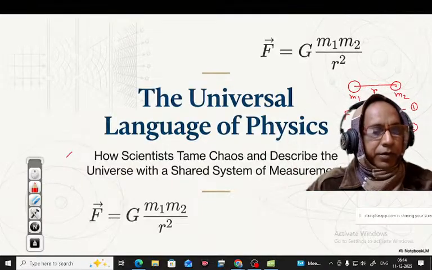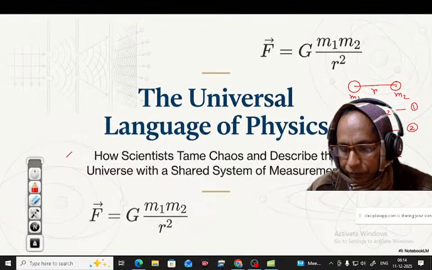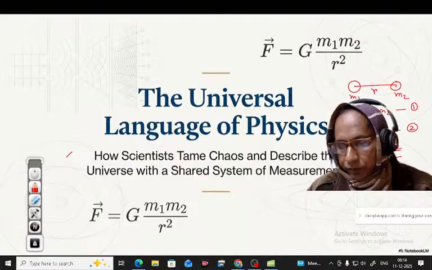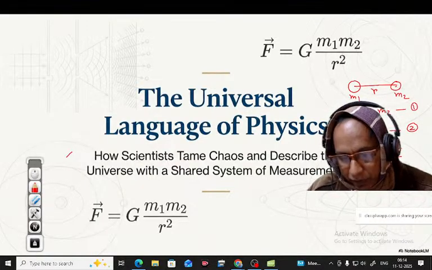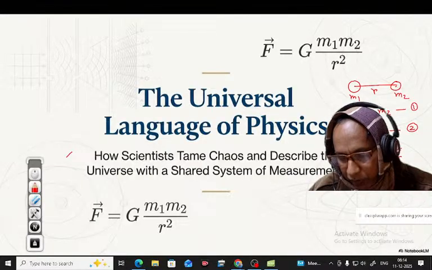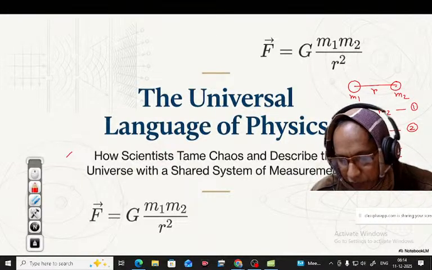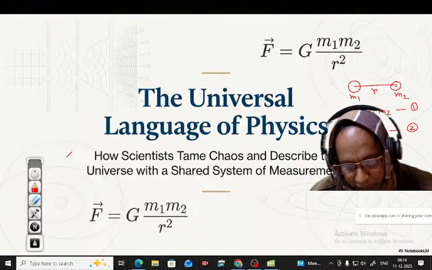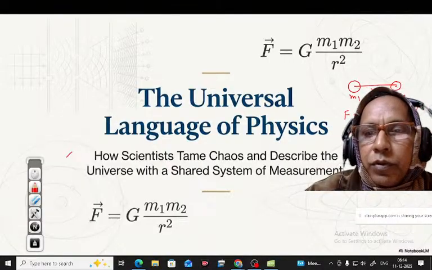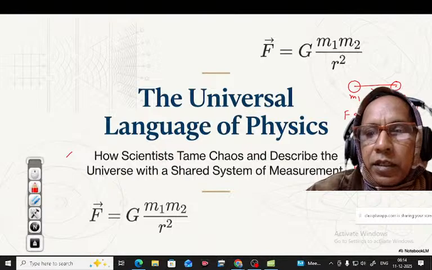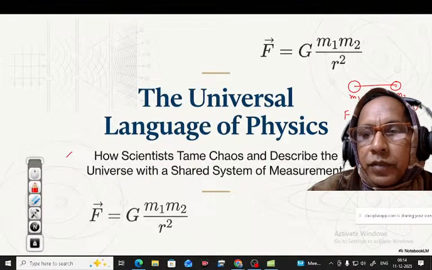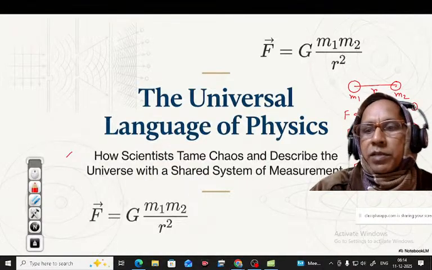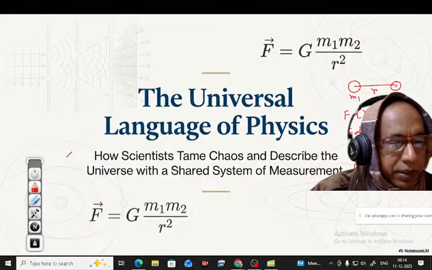If we replace the proportionality sign with an equal sign, there is a constant of proportionality known as capital G. So F equals G m1 m2 by r square. In this way, the universal law of gravitation can be explained.